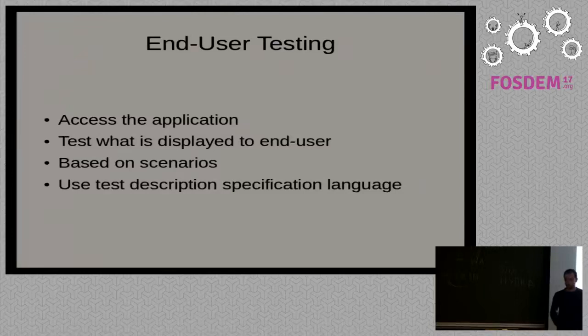That's a very useful test. And I recommend using a description specification language. I don't know if you heard about BDD, behavior-driven development, like use Behat or Cucumber or something. So it's not the developer who will write the testing scenario, it's the tester, the QA team. And yeah, that's a good practice for me.